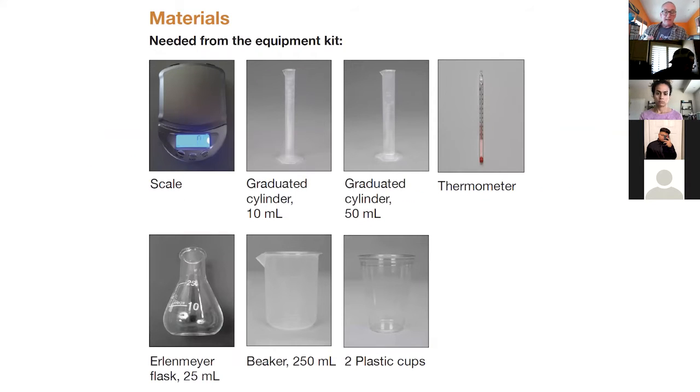So what do we need? We need our scale. So we got our scale. We got two different graduated cylinders. We got the little one and we got the big one.